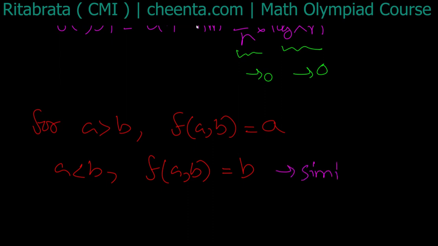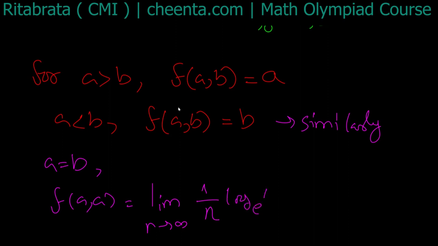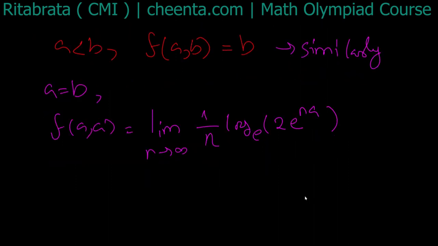Similarly, for a equal to b, I have f(a, a) equal to the limit as n tends to infinity of 1 by n times log of (e^(na) + e^(na)), so 2e^(na). And what is this quantity?